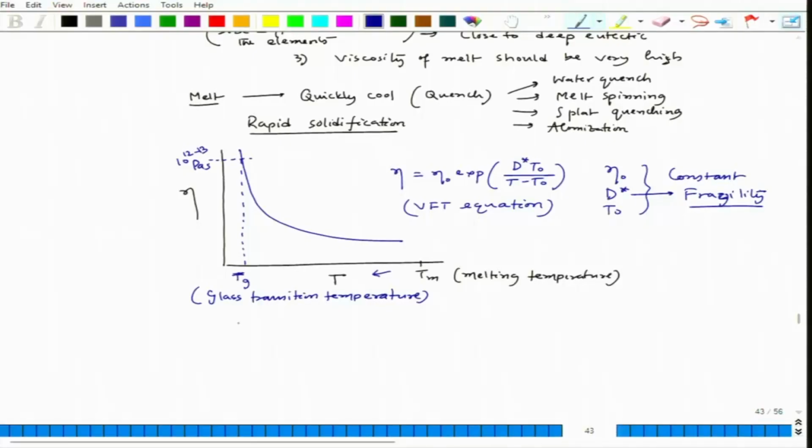So, that is the typical definition of glass: a configurationally frozen supercooled liquid is called glass. Fine.